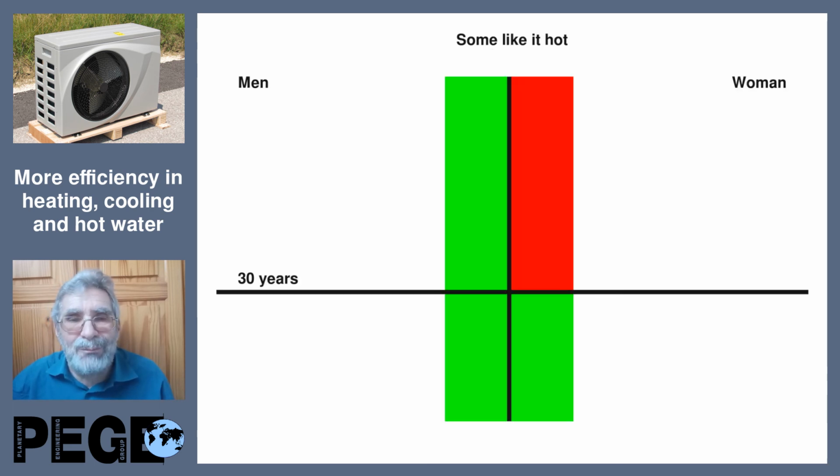But what happens when people say, I need really hot water. I like it hot. One vendor of heat systems for houses made 2003 an experiment with it. He delivered a domestic hot water system only for 42 degrees Celsius.